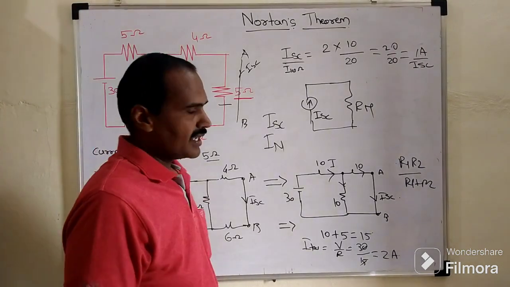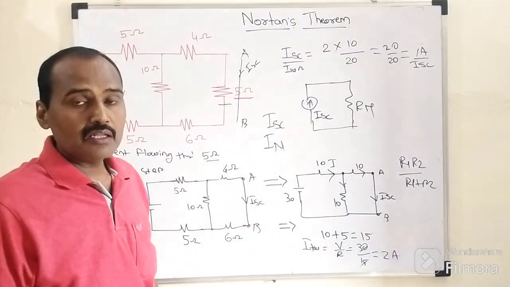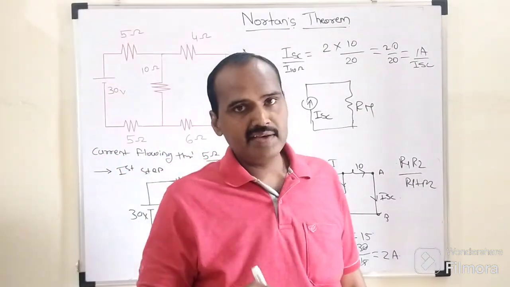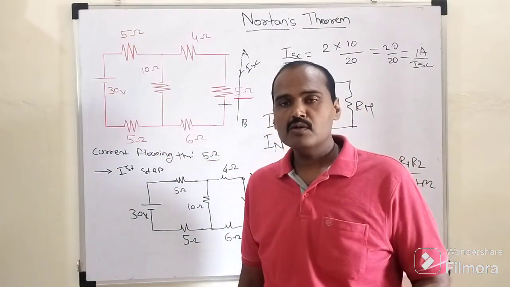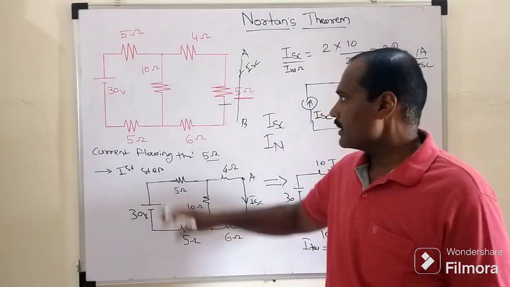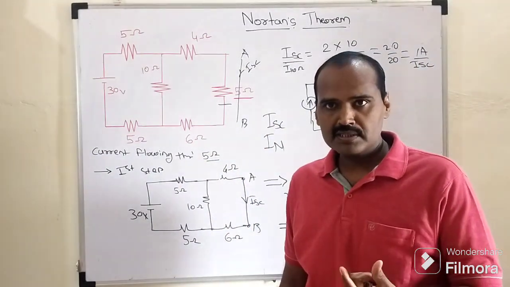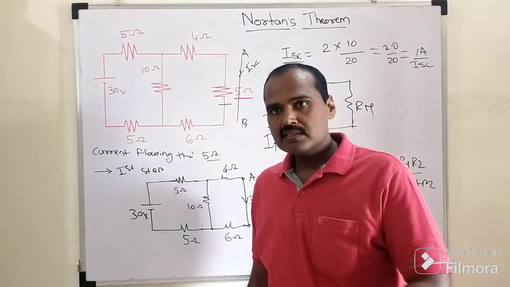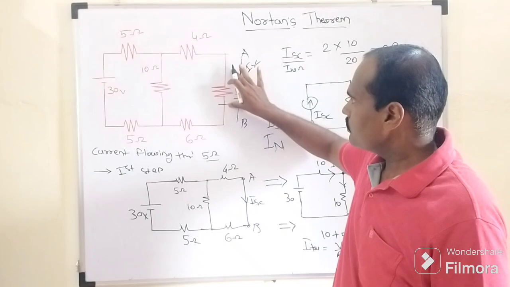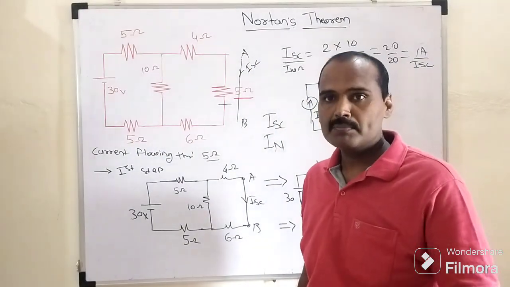Okay friends, so after tabulating this short circuited current, after that we need to determine the Norton's resistance. The way in which we have tabulated the Thevenin equivalent resistance, in the same manner the Norton's resistance is to be determined. In order to determine this Norton's resistance, first of all we need to understand that the Norton's resistance is nothing but the equivalent resistance of that network which is to be observed from this short circuited terminal as a result of replacement.